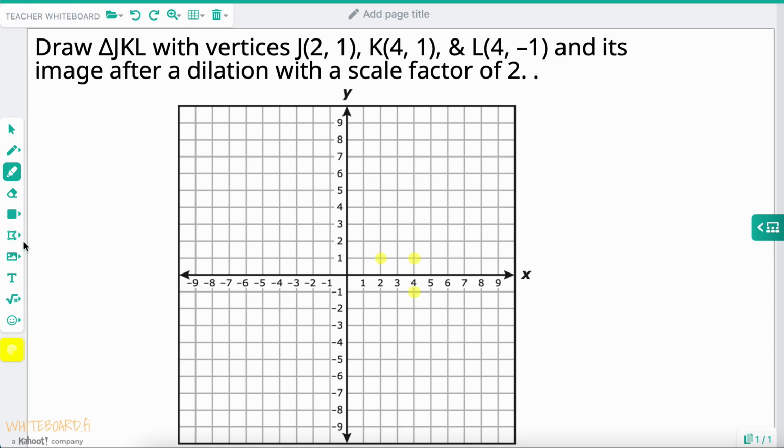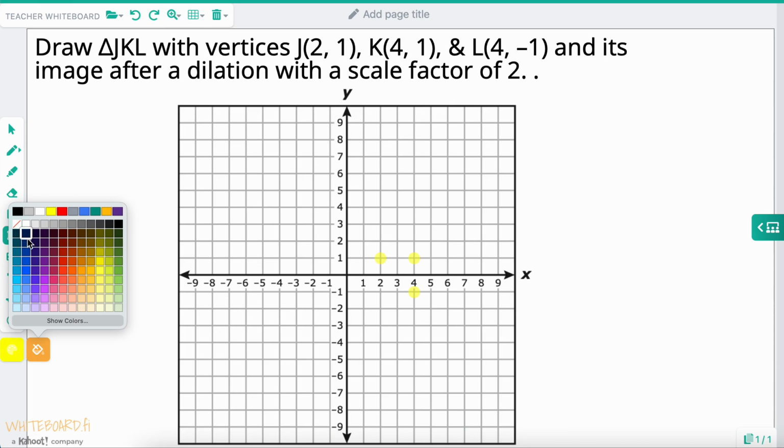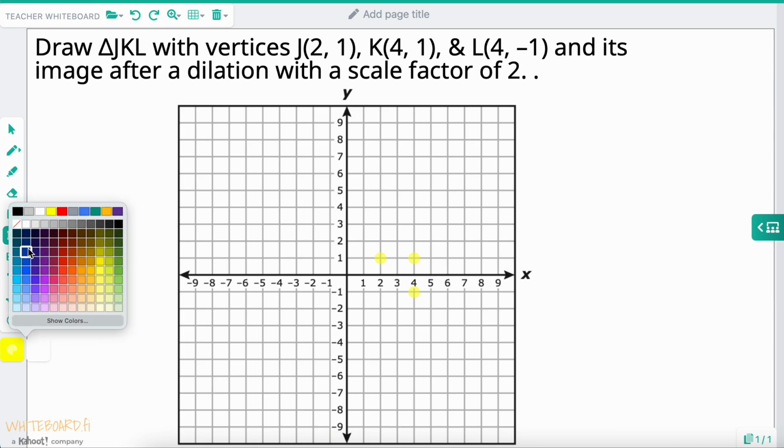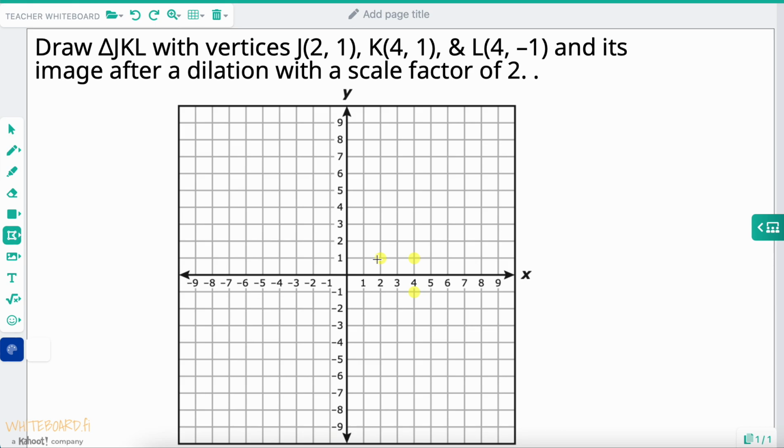All right, so now I'm going to go ahead and draw that figure, and let's make sure that I do not get a shape inside or a fill. I don't want a fill. I simply just want the triangle there. There you go.